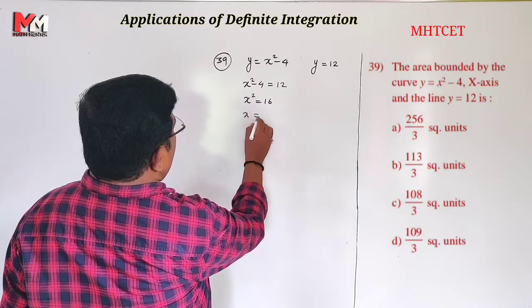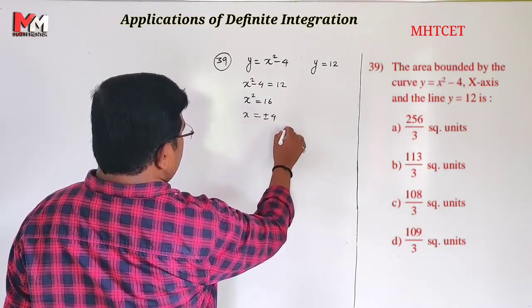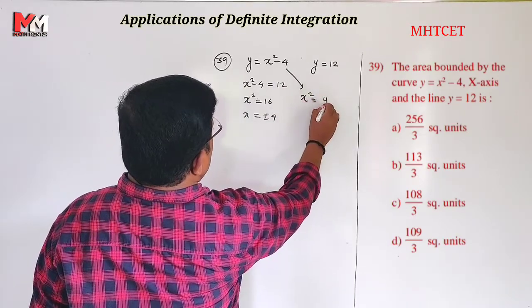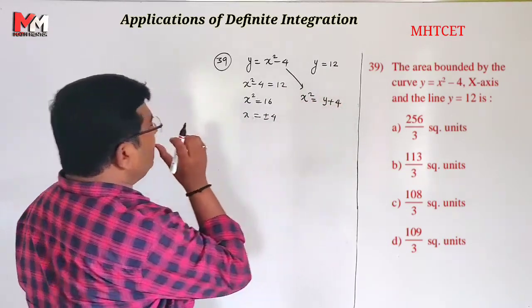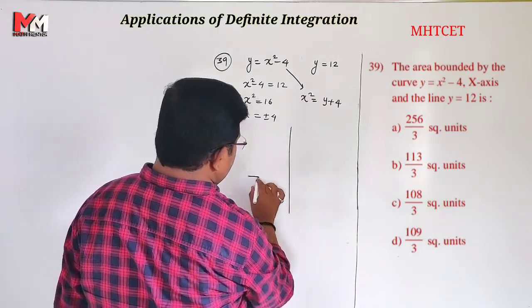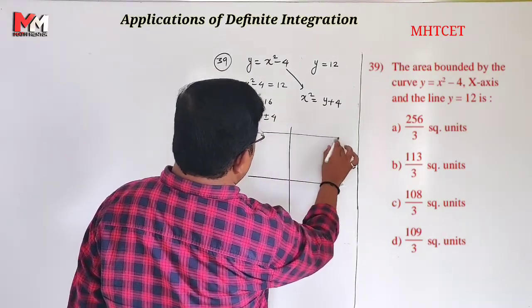So x is equal to plus or minus 4. So the parabola will look like this, x square is equal to y plus 4. So this parabola, this is the line y is equal to 12.